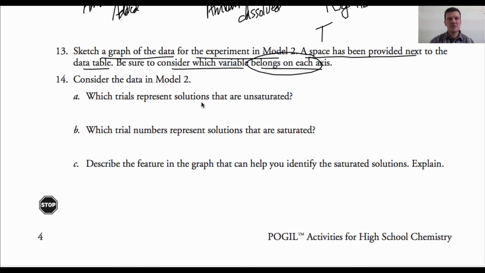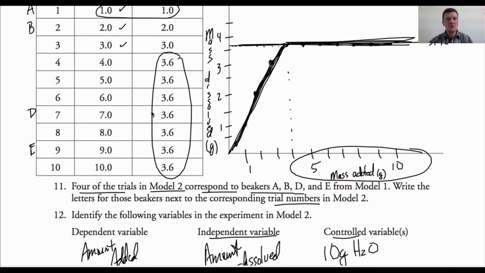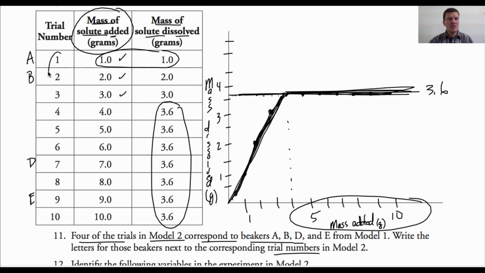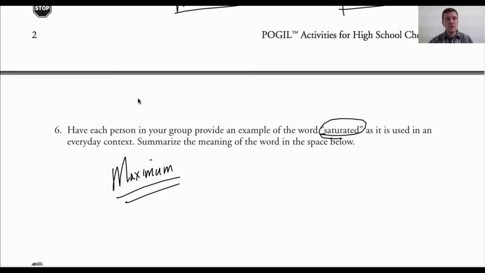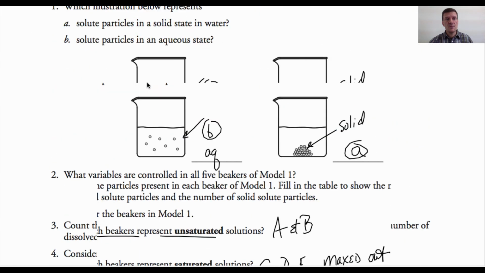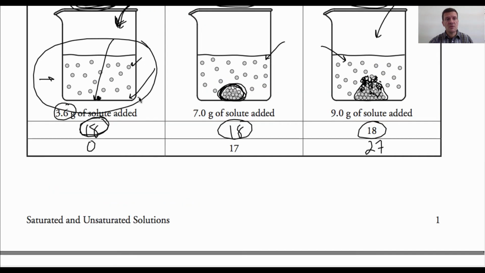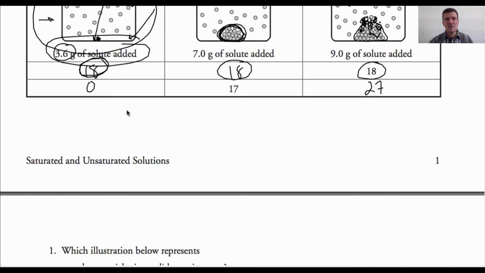So which trials represent solutions that are unsaturated? Those would be trials 1, 2, and 3. As soon as you get to 4, you've got it maxed out right there. Okay? Actually, it was maxed out as soon as you add 3.6, and we did that in beaker C up here. Beaker C had exactly 3.6 added, and it's saturated.